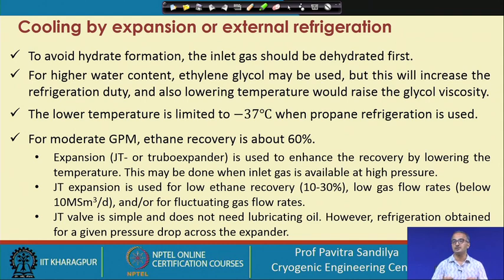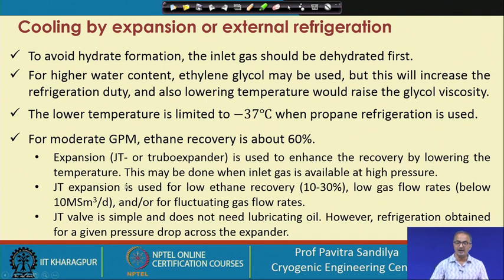So, these are the various options which are followed in natural gas processing, in the recovery of natural gas. Now, the temperature is limited to minus 37 degrees centigrade when propane refrigeration is used. For moderate GPM, that is the feed content, the ethane recovery is about 60%, and expansion may be done by either a Joule-Thomson valve or a turbo expander to enhance the recovery by lowering the temperature.